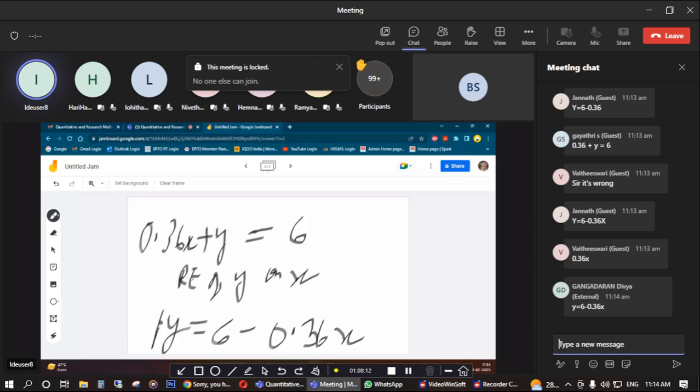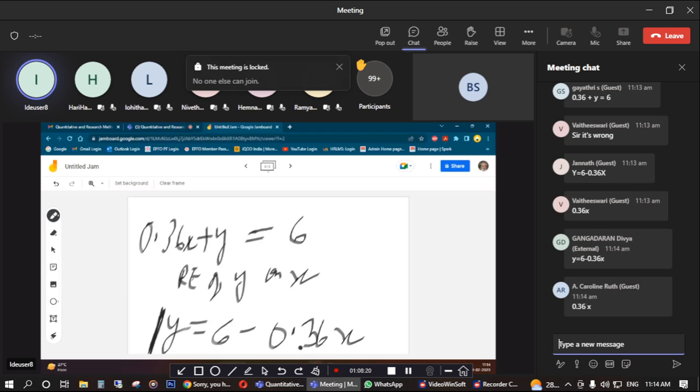The coefficient of y is 1. அப்போ நீங்க என்ன பண்ணோம்? Divide the entire equation by 1. So it doesn't make any difference. அப்போ என்ன வரும்? So byx will again be minus 0.36. Okay, புரியுதா? Understanding?